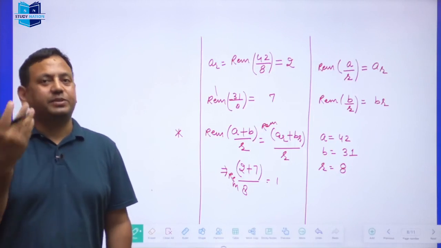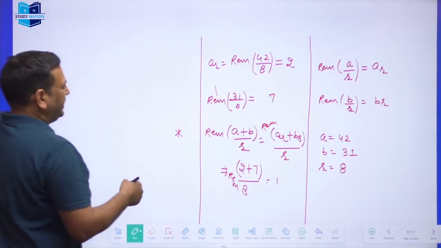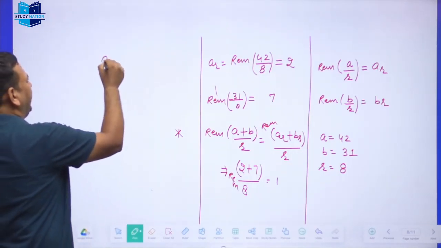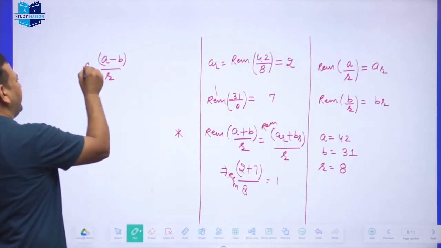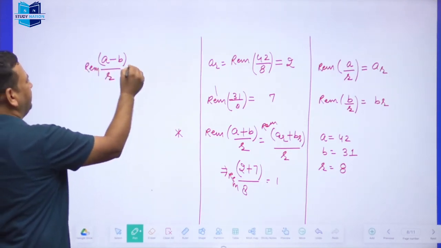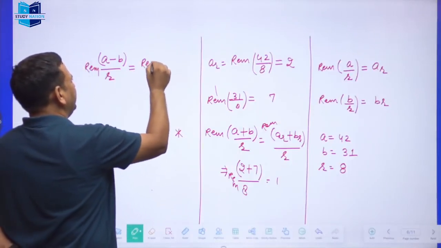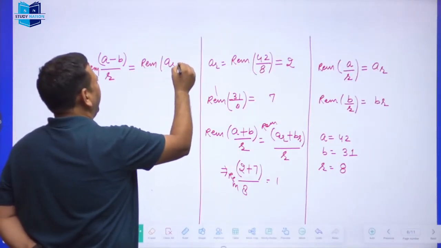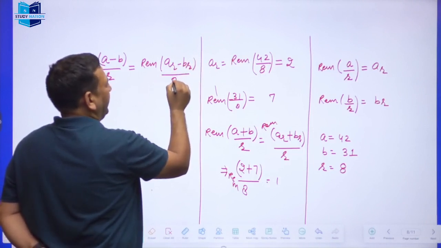That means on what do you have to do the operation? On the remainder. So plus is on the remainder. Suppose somebody writes a minus b divided by r, what will the remainder be? Now what do you have to do in this? A simple funda: we will say the remainder when ar minus br is divided by 8.